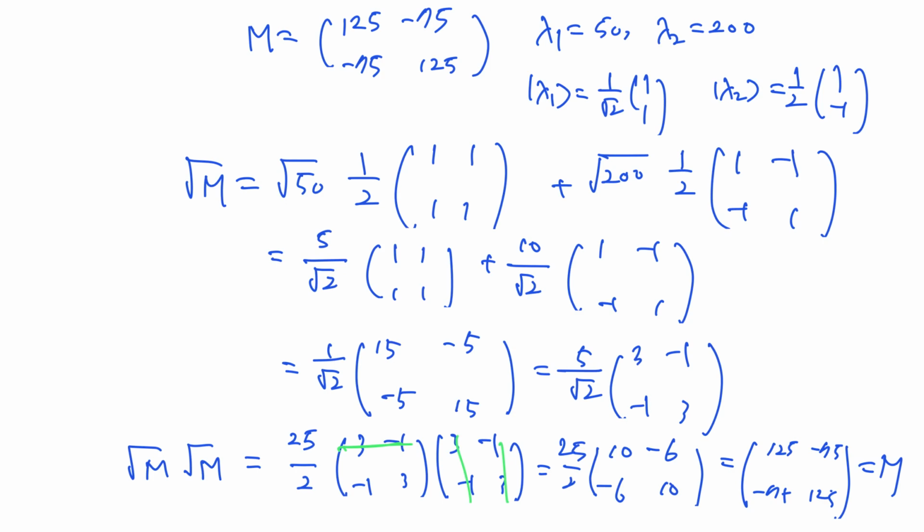So this matrix is indeed the square root of M, because when you multiply it twice, you obtain M.